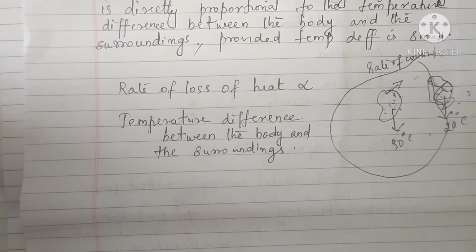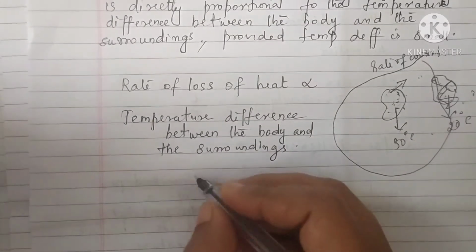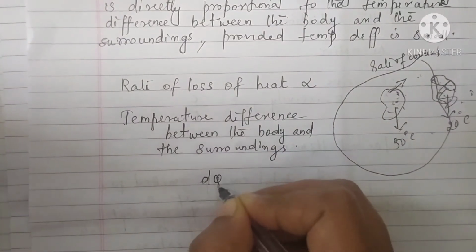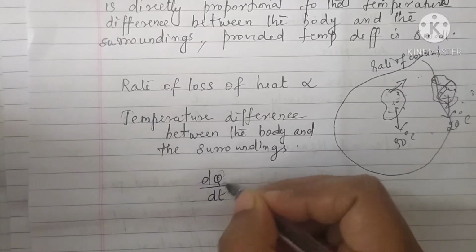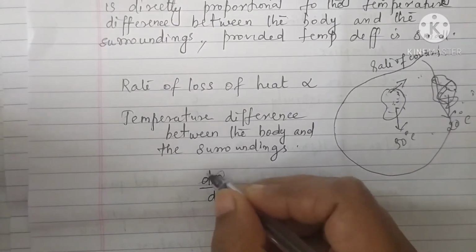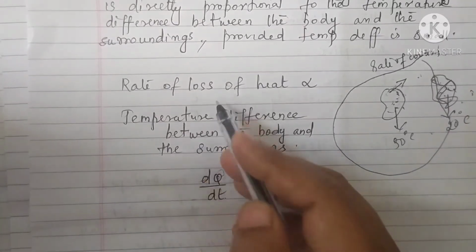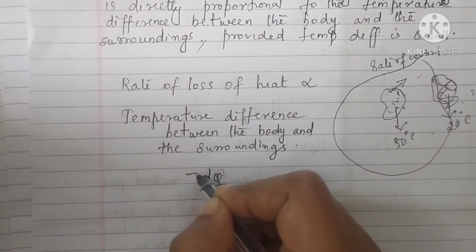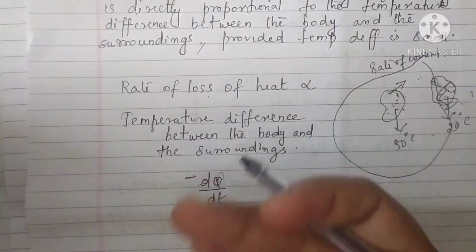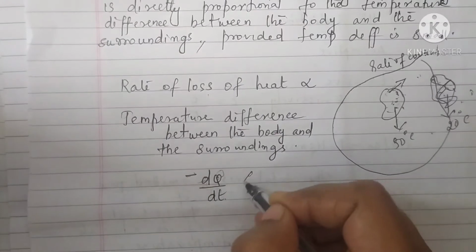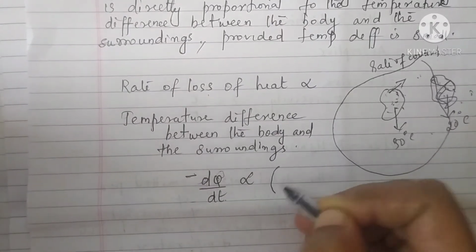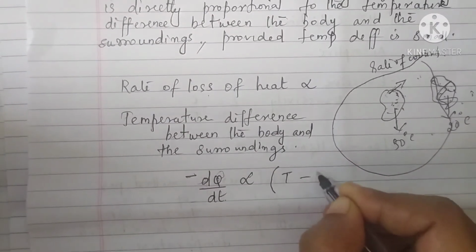If you are writing it in a mathematical way, you can write this as dQ by dt, that is heat and time, rate of loss of heat. Since it is loss, you can put a negative sign here which indicates decreasing. And it is directly proportional to the temperature difference, and let it be T and T naught.